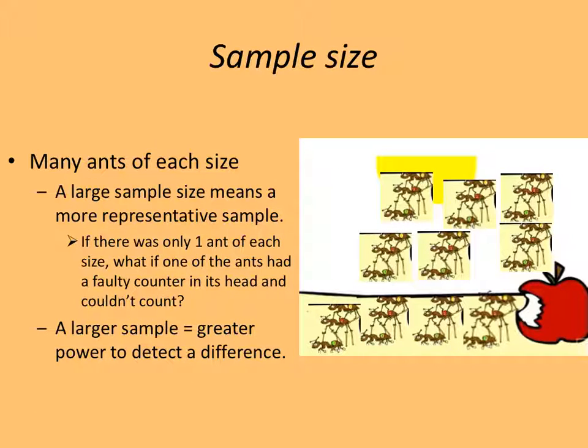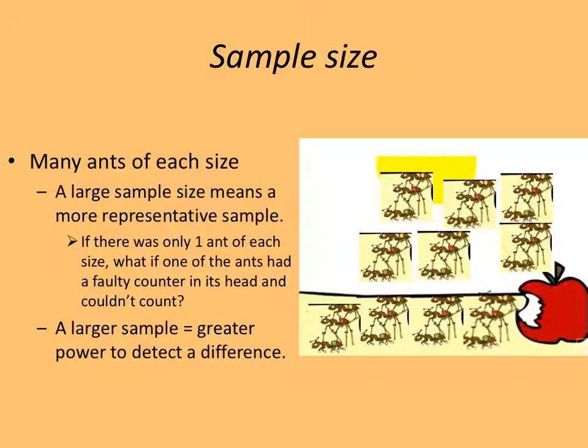Okay? So in other words, you take all these ants and you apply the treatment to, let's say, 100 ants of each, right? 100 ants of regular size, 100 ants of stilts, and 100 ants of small. Okay? And then you run the experiment. That way you're probably going to have a representative sample.